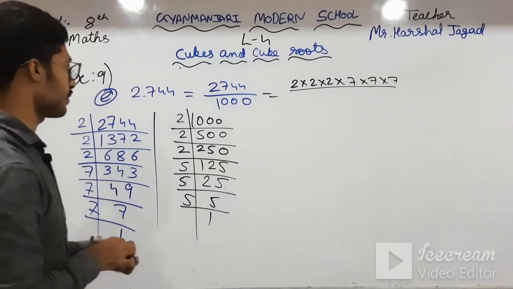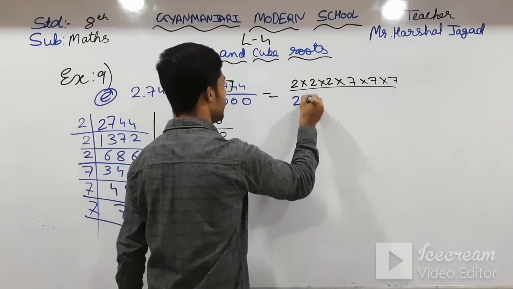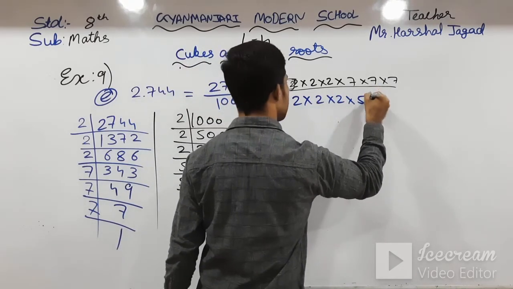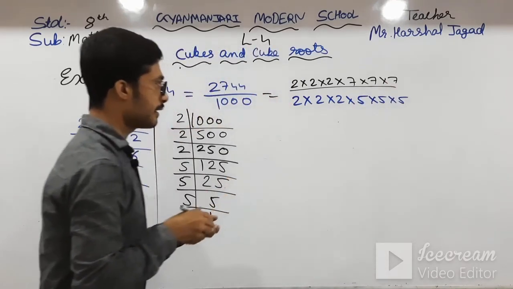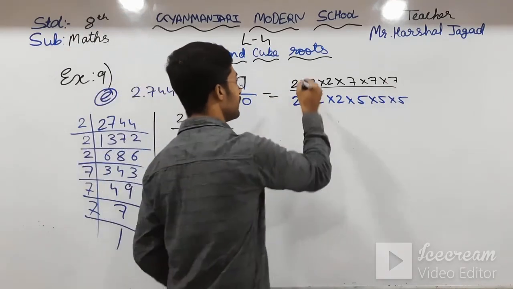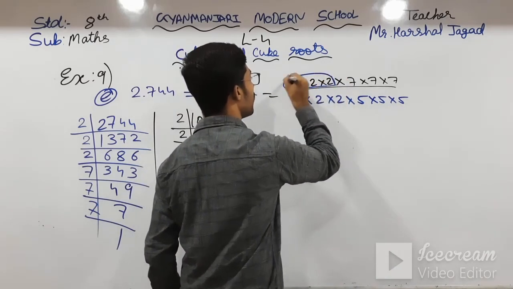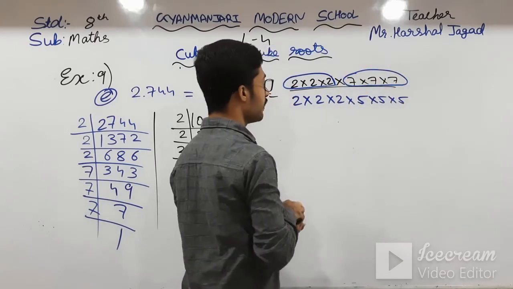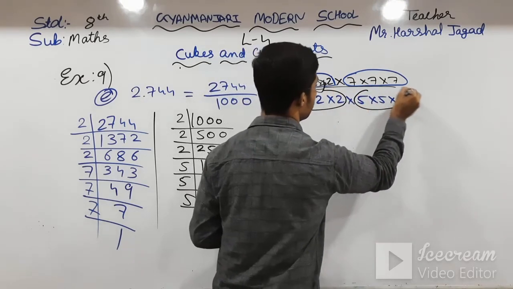Okay students, so here the factors are 2 into 2 into 2 into 5 into 5 into 5. So these are the factors in this. Here it is the group of 3, and in the denominator this is the group of 3.